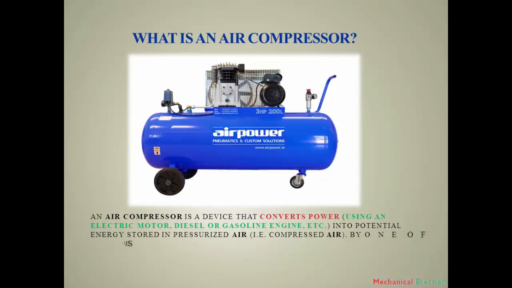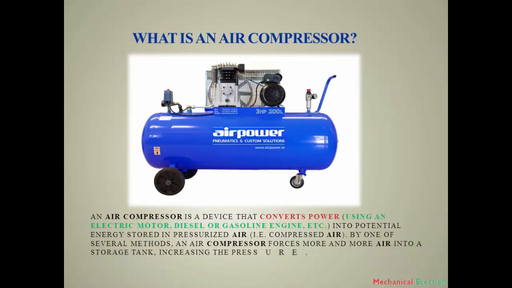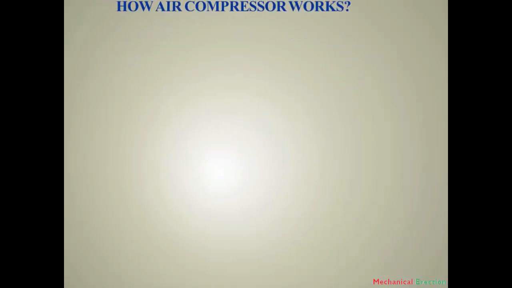The air compressor may use an electric motor, diesel, or any gasoline engine. By one of several methods, a compressor forces more and more air into a storage tank. So the main purpose of an air compressor is to compress air, increase the pressure and deliver it to any place where you need compressed air. So now we see how an air compressor works.